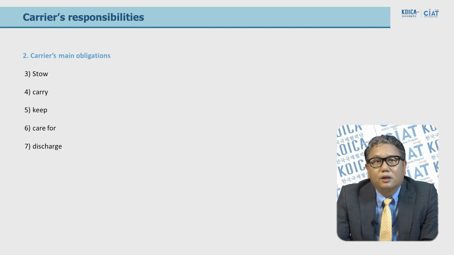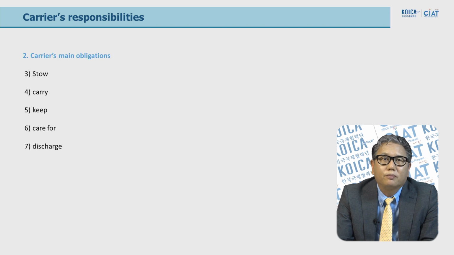Three is stowing. It is the act of properly arranging goods on the ship to ensure safety for the ship and the goods. Four is carrying. Carrying means transporting the goods safely to the destination. Five is keeping and caring for the goods.